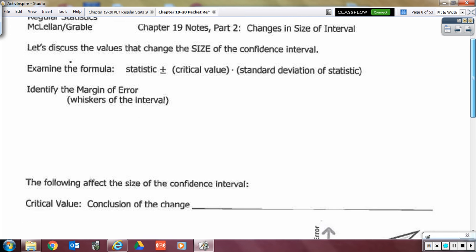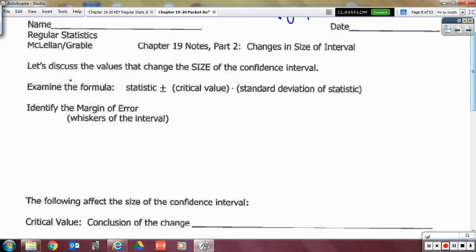All right, so here we go. Let's discuss the values that change the size of the interval. We have to first look at the formula, which we know. Let's review. This is our p hat plus or minus our critical value. What changes the size of that critical value? Yes, the confidence level.